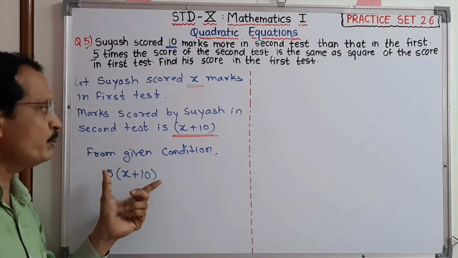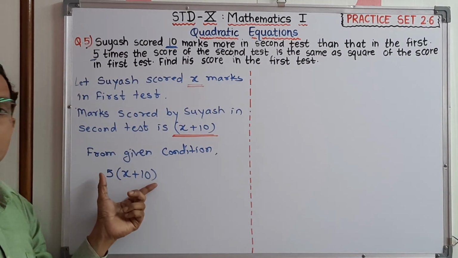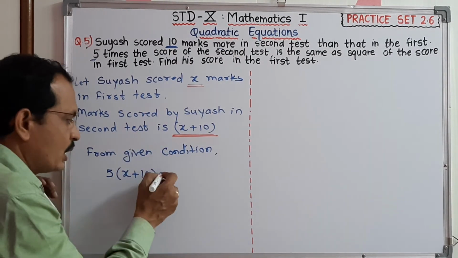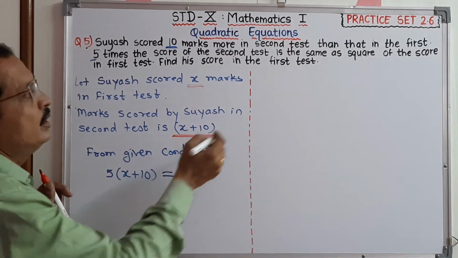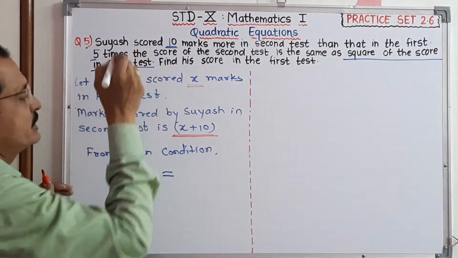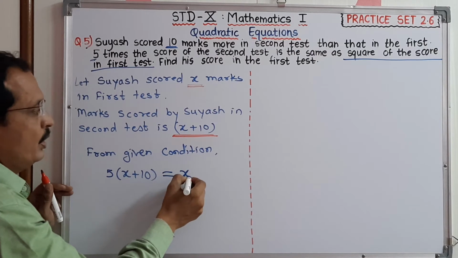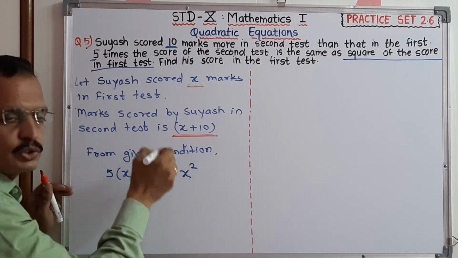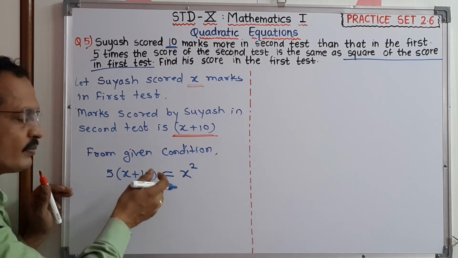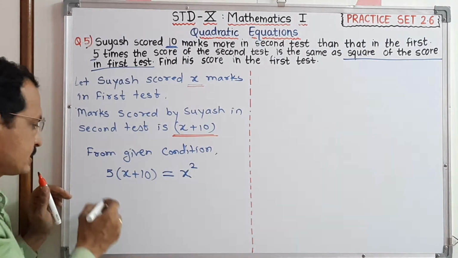Square of the score in the first test, that is x square. Now dear students, we have to solve this.